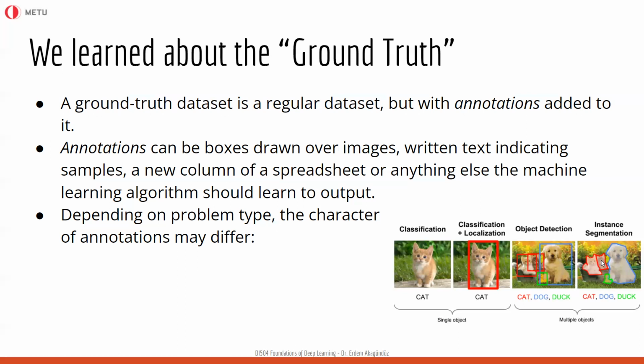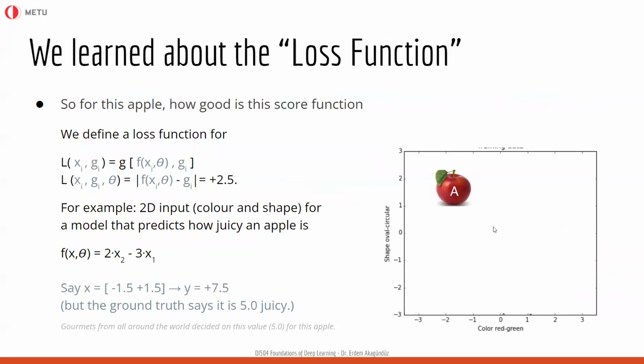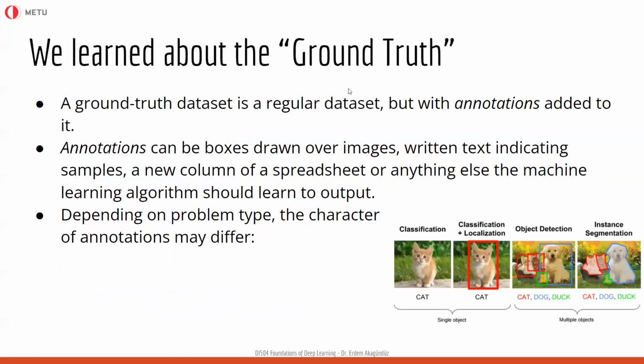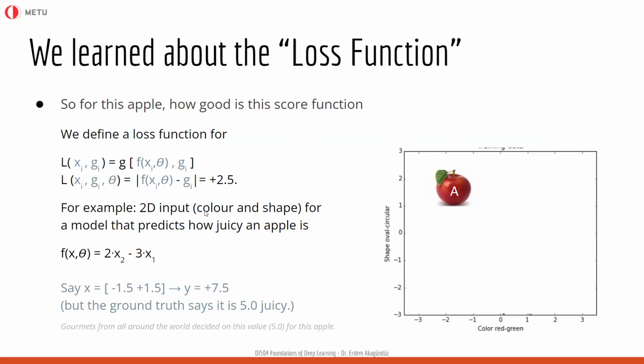Okay, so using the ground truth and using the score function, we understand how well the score function is doing. Okay, so you have a score function. You want to know if that score function will create this ground truth or not. So what you do is, in order to find how good this score function is doing, we define a loss function, which is a function that takes the score and the ground truth and creates a value.